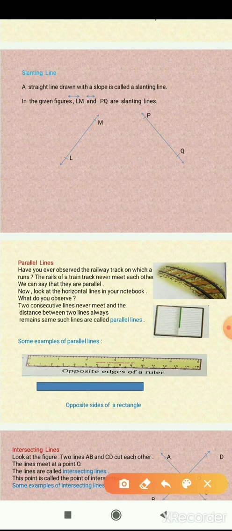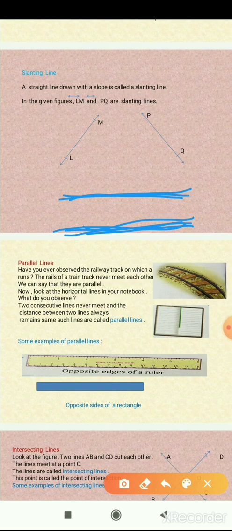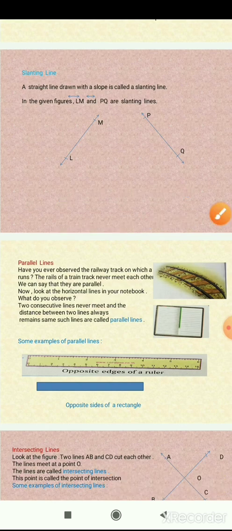If you travel in a train and observe its track, the rails are parallel to each other. Those lines are straight and they never meet each other. So these lines are called parallel lines.